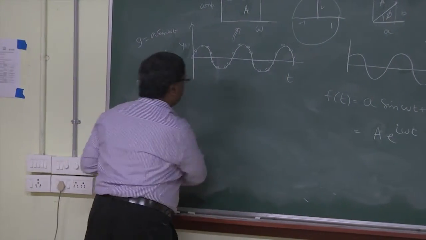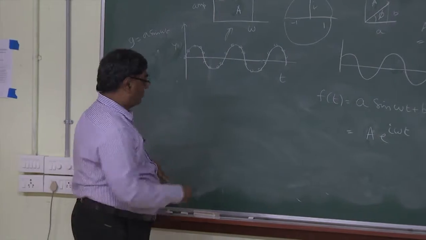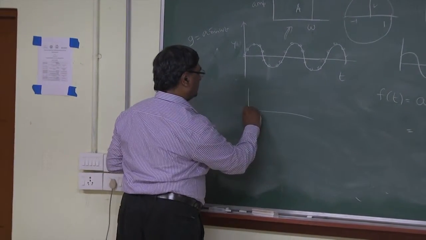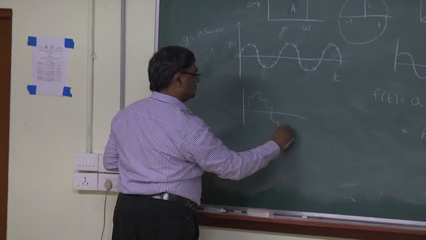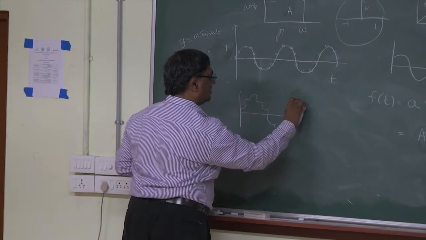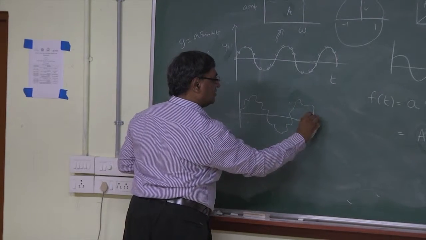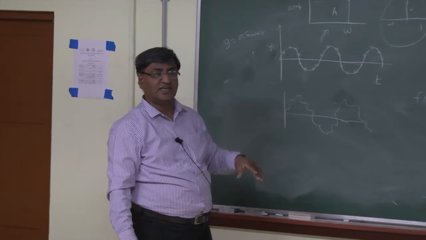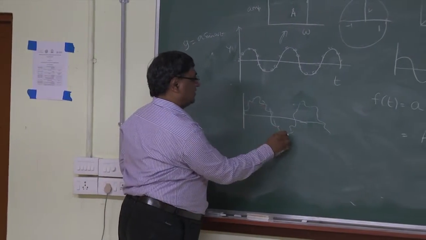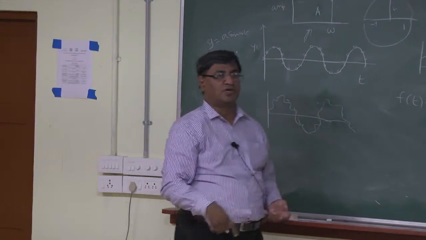Now any periodic function has many components. For example, I wrote a single one. Suppose I have some kind of function a little more complicated than this. Obviously, a function like this has more than one frequency. Maybe there is one major frequency like this, over which is riding some smaller one, and so on.